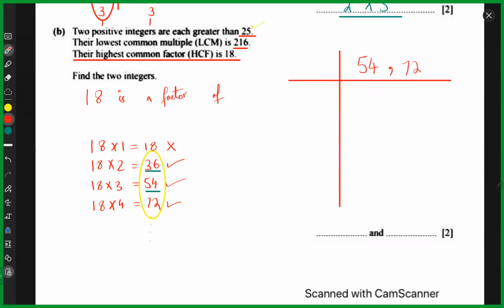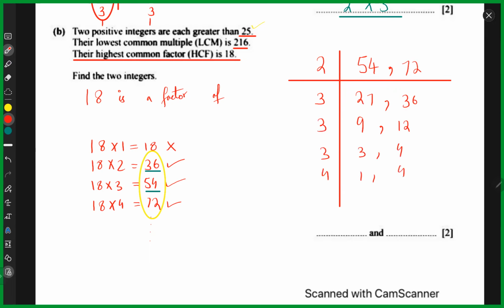The lowest number that's divisible by both is 2. 54 divided by 2 would give you 27, and then 72 divided by 2 would give you 36. Then it's 3, it's 9, and it would be 12. It's again 3, it's 3 and 4, it's 3, it's 1 and 4, and it's 4.